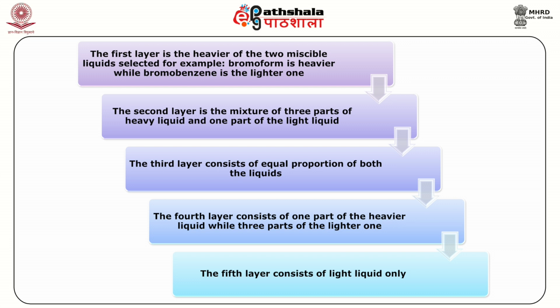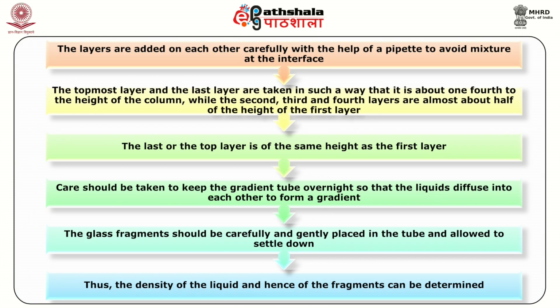The fourth layer consists of 1 part of the heavier liquid and 3 parts of the lighter one. The fifth layer consists of light liquid only. The layers are added on each other carefully with the help of a pipette to avoid mixing at the interface.